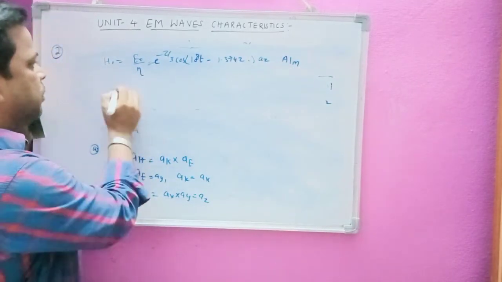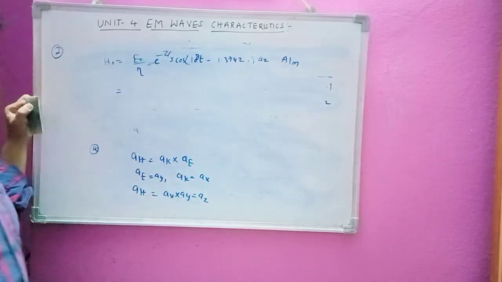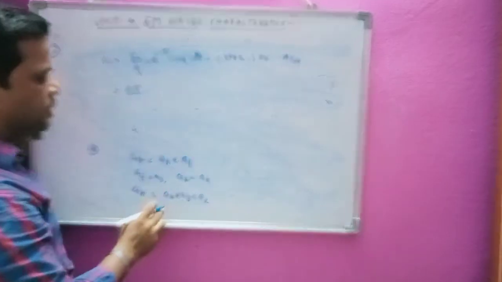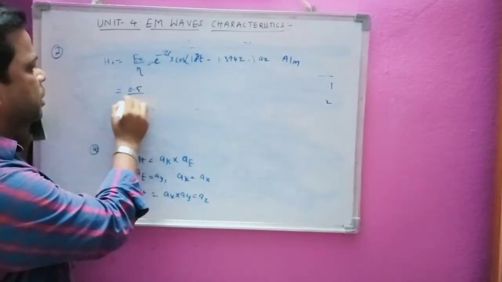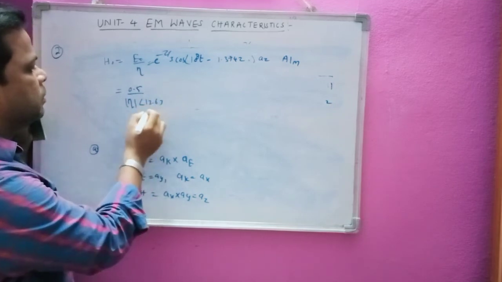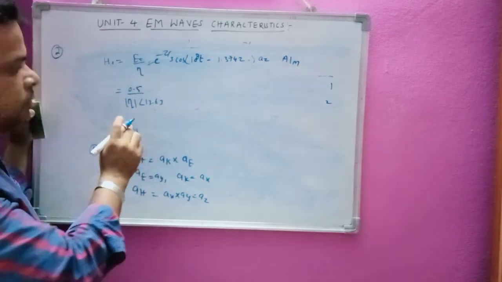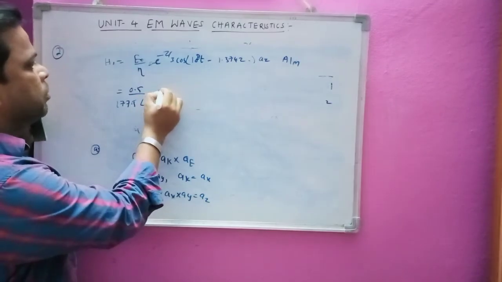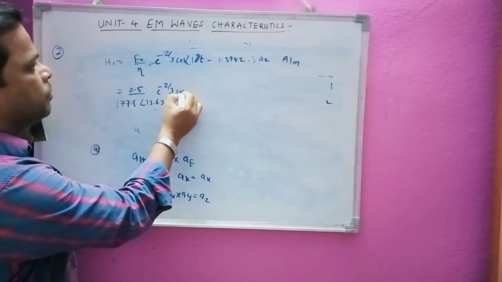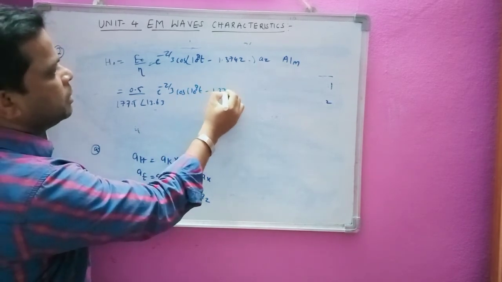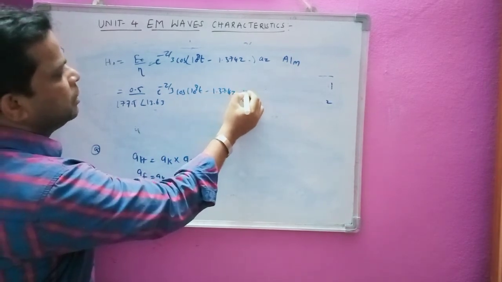Now E naught by eta value also we have calculated. E naught is 0.5 by mod eta value, so you have to take mod eta of theta of eta. Theta of eta is 13.63 and mod eta is 177.5 here. e power minus z by 3 cos of 10 power of 8 t minus 1.374 z aZ.